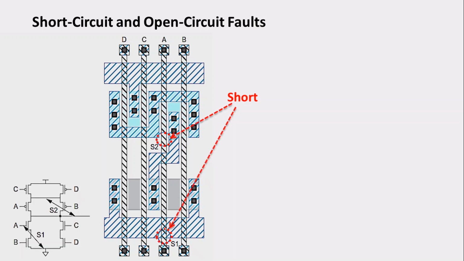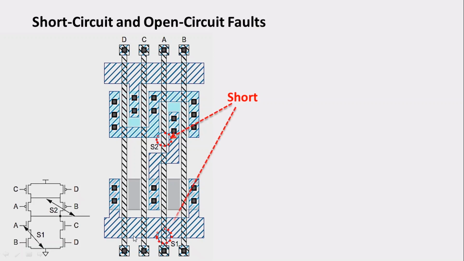Even though the DRC might have passed, there are possible errors from the fabrication itself, where the space between this metal and this polysilicon has not been maintained properly. At that time these two points are considered shorted.